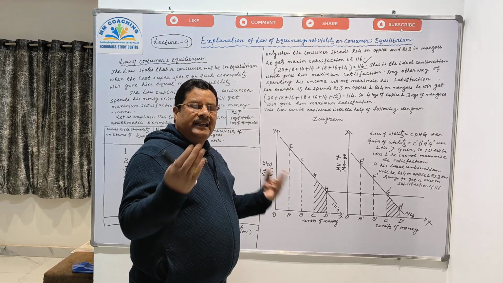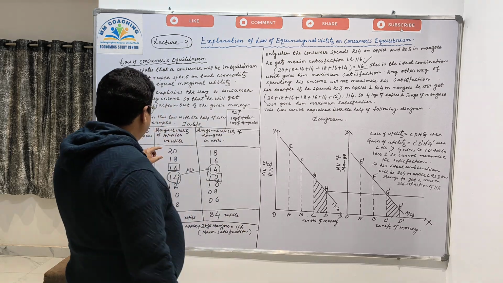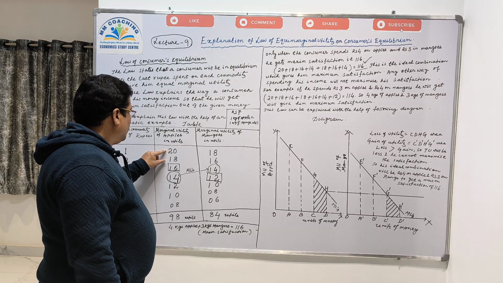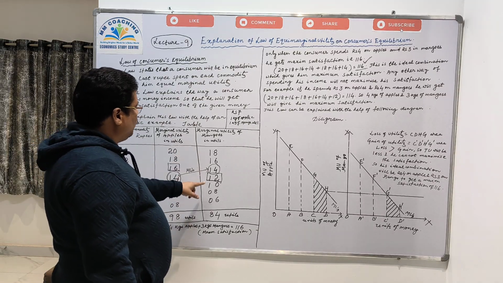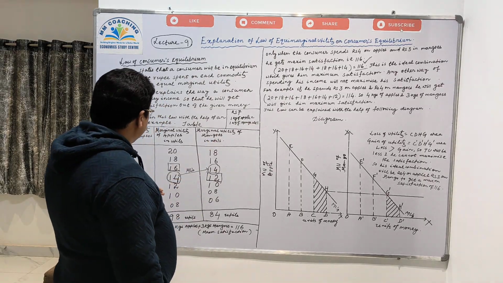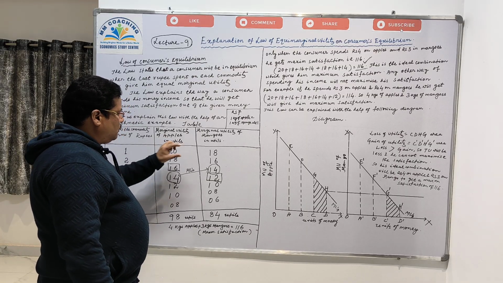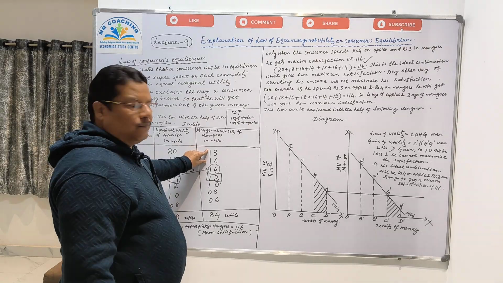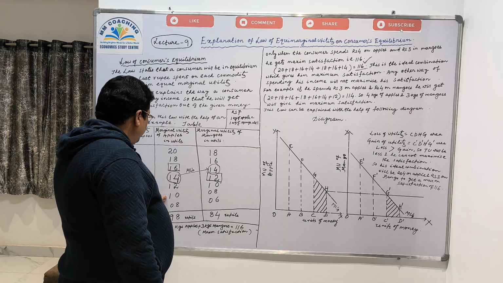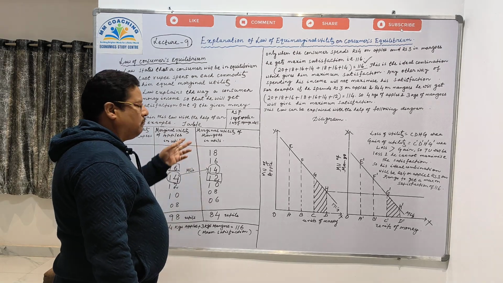So you can take any other combinations also. If you take 2 rupees on apples, then you have to take 5 rupees on mangoes. If you take 5 rupees on apples, 2 on mangoes. If you take 6 rupees on apples, 1 on mango.